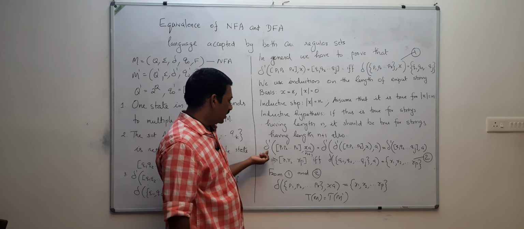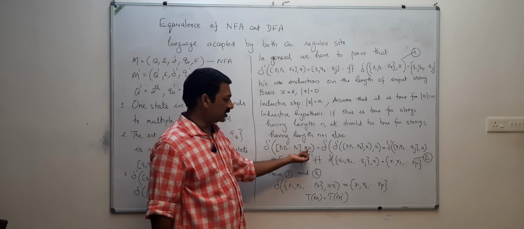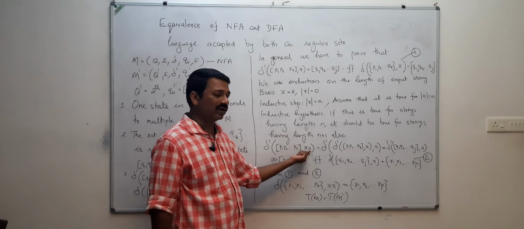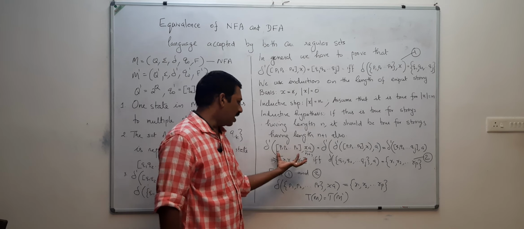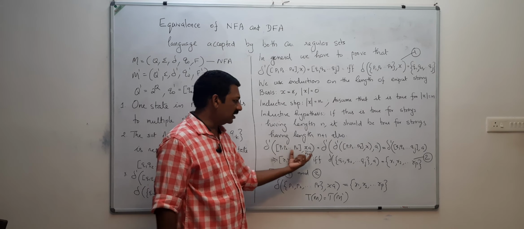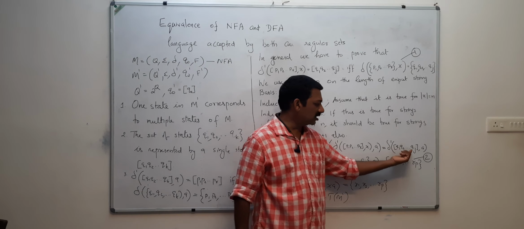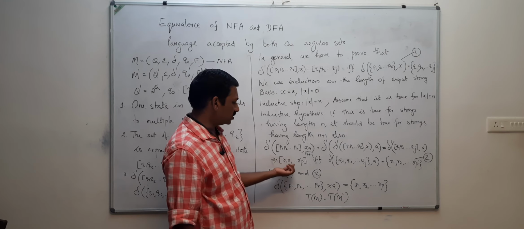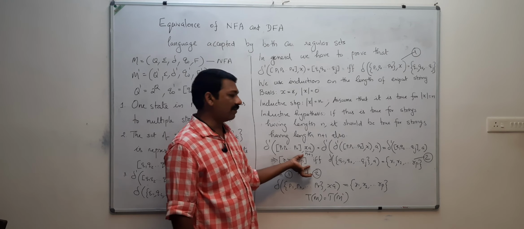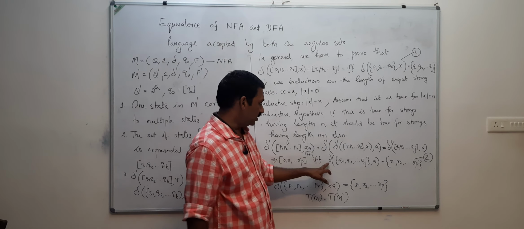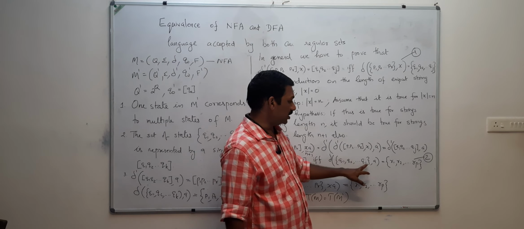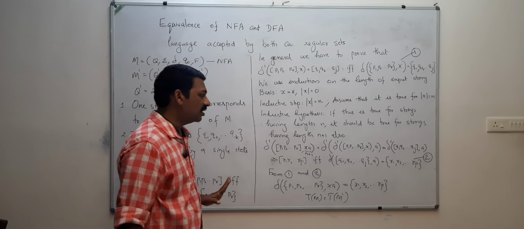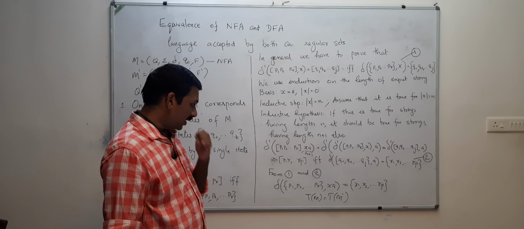Now, delta dash of P1, P2, etc. up to Pr on XA is equal to, that means after X it is receiving one more symbol A, and after receiving X it reaches Q1, Q2, etc. up to Qj, and after that on A it reaches R1, R2, etc. up to Rp. If this has to happen, then delta of Q1, Q2, etc. up to Qj on A is equal to R1, R2, etc. up to Rp. That is our second assumption.